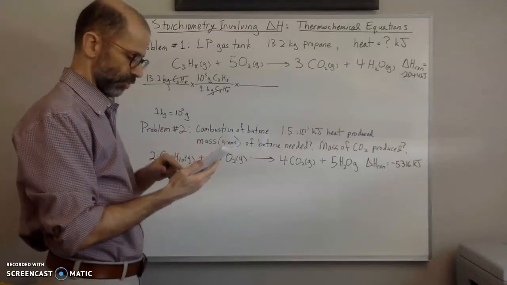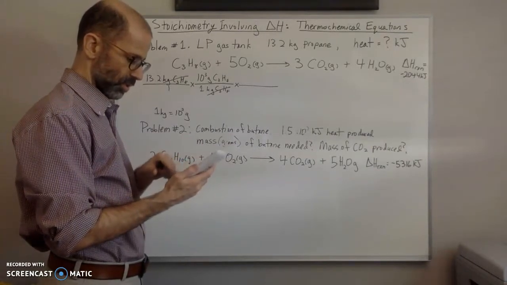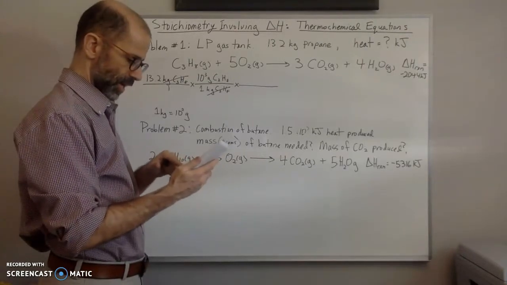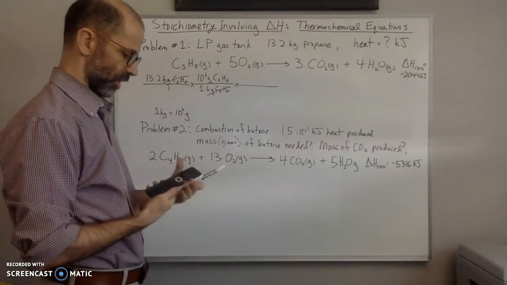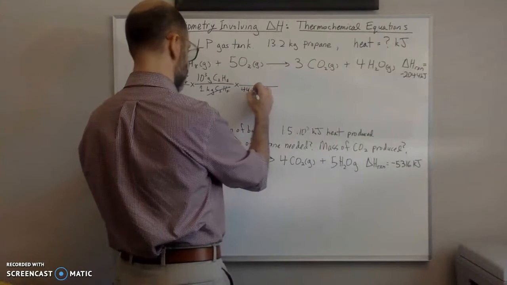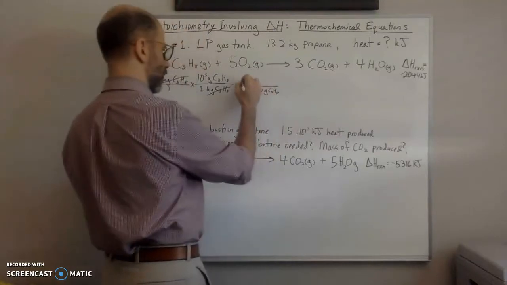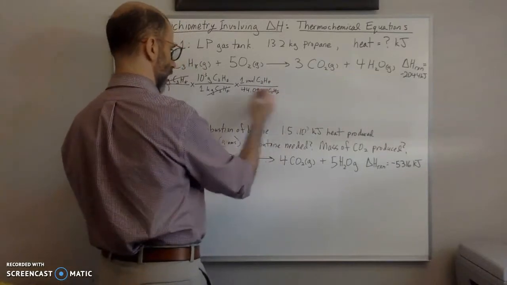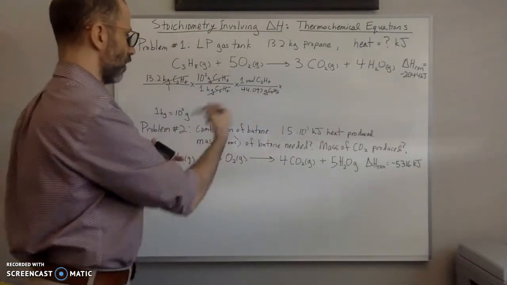If we calculate that really quick, we get 3 times 12.011 plus 8 times 1.008 equals 44.097 grams of C3H8, and that is going to be 1 mole on the top of C3H8. So grams cancel out, and now we have moles of our propane.